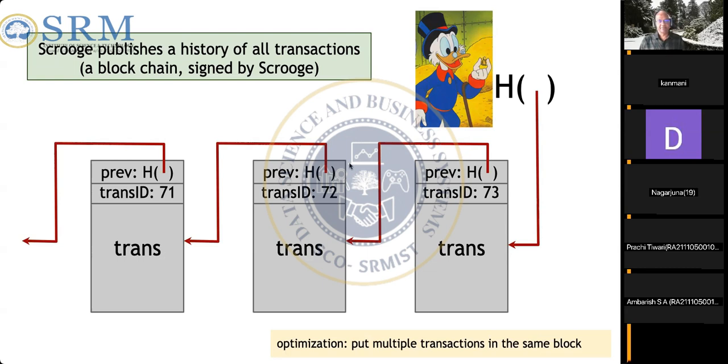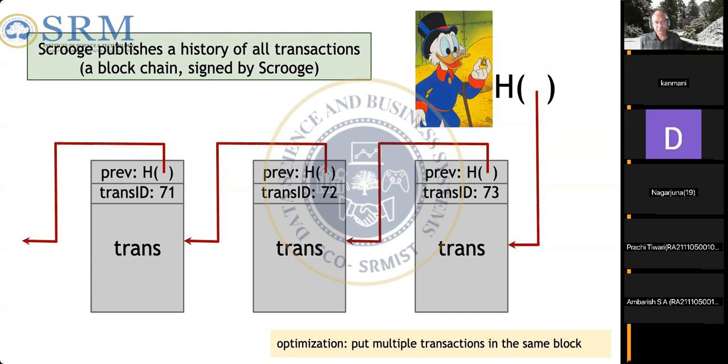Let's say he prepares a chain of blocks, each block containing a transaction like what Alice has done previously, and he links the blocks using the hash pointer. Why hash pointer? It gives us the property of an append-only ledger, so nobody else can change it.